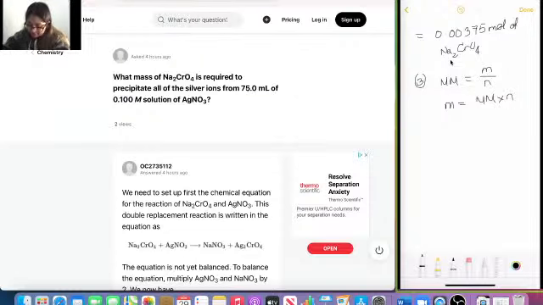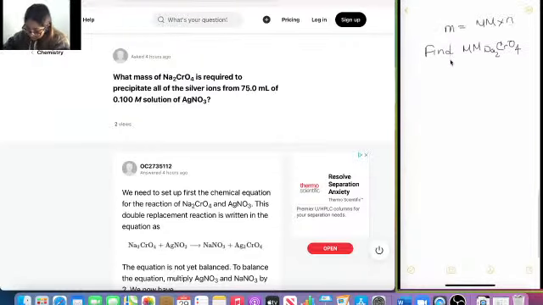basically equal to molar mass times your moles, right? So let's first find the molar mass of sodium chromate, Na2CrO4. To do this, let's go step by step.